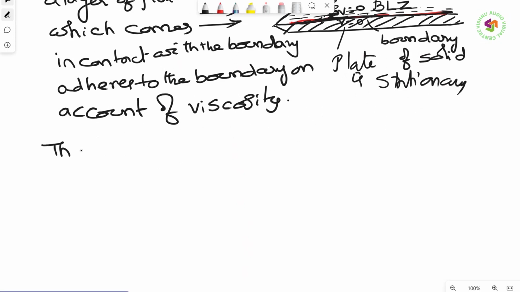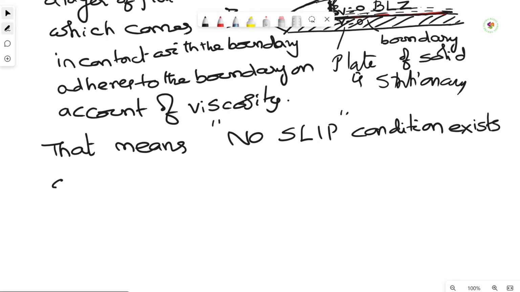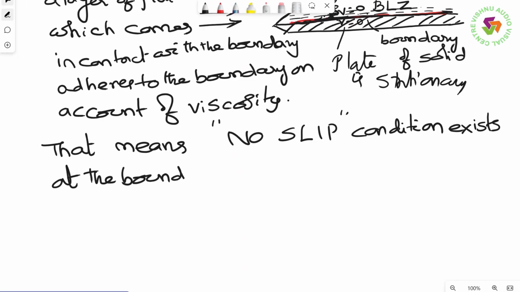That means no slip condition exists at the boundary.